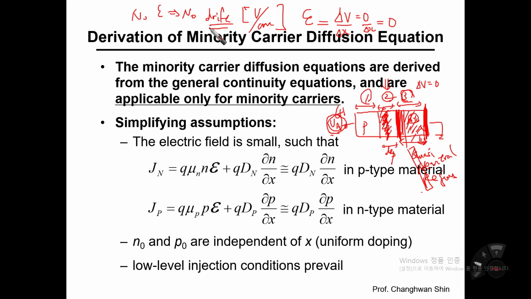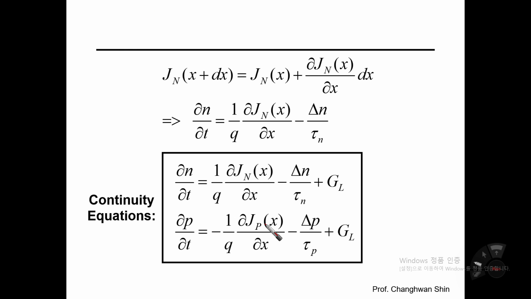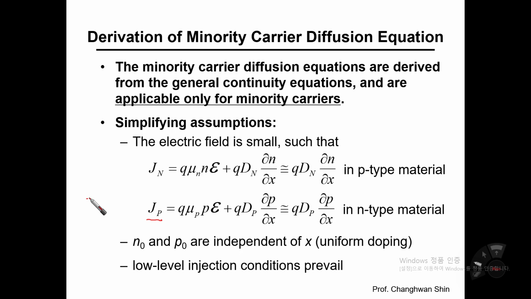So in the quasi-neutral regions of the p-n junction diode, areas number 1 and 3 as I have drawn, those are the two QNR regions, there is no electric field, which means no drift, and again no drift current. So now in the continuity equation, let's take a look at Jp of x, the total current density by hole.